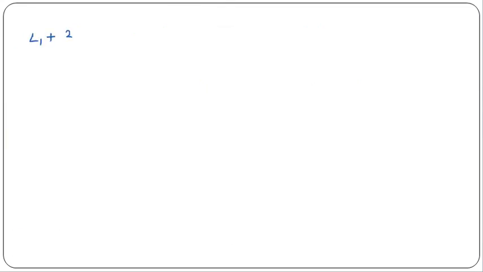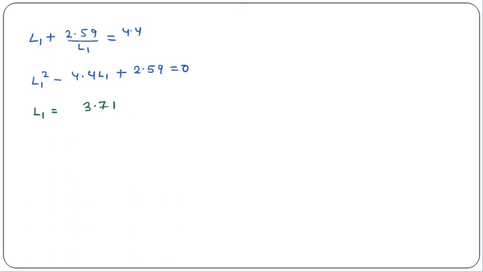If we simplify, this will be L1 square minus 4.4 of L1 plus 2.59 equal to 0. So now we have obtained a quadratic equation, so we can simplify it. After simplification of this quadratic equation, we will obtain the two values of L1.